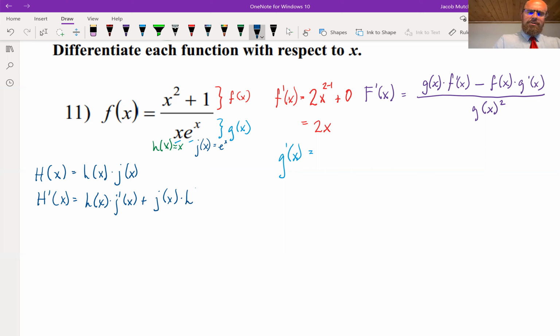So it shares a similar structure with my quotient rule. Having them side by side, the difference is that this one is just one level and it's addition in the middle.